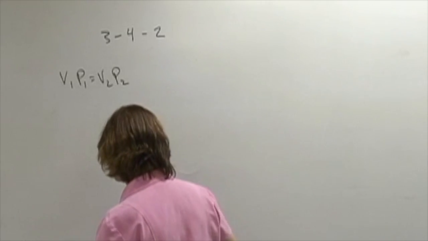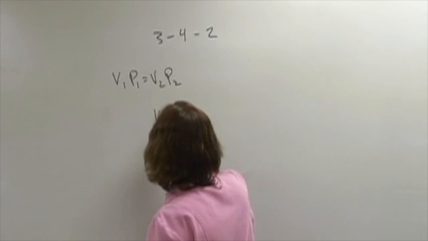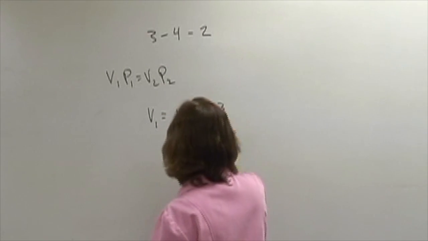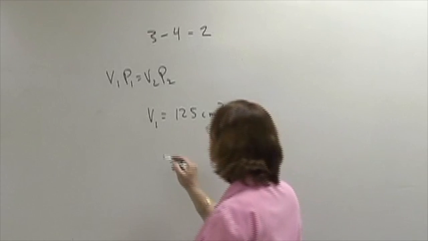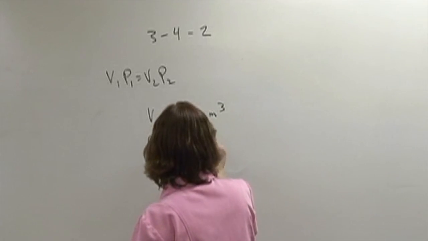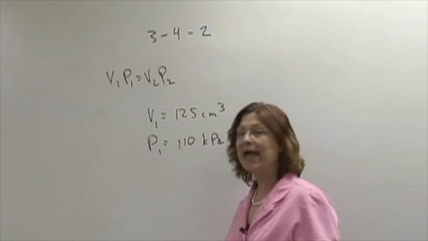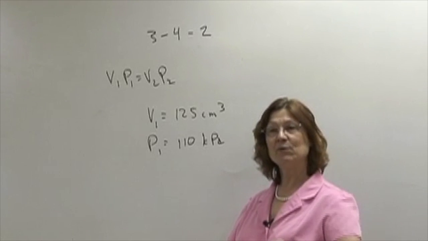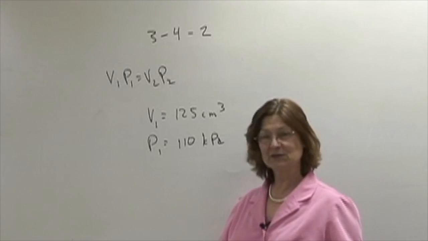Well, I'm given an initial value for volume. Volume is equal to 125 centimeters cubed. My initial pressure is 110 kPa. And if you're at a particular place, that's where you're starting. And when you go to somewhere, that's where you're ending.